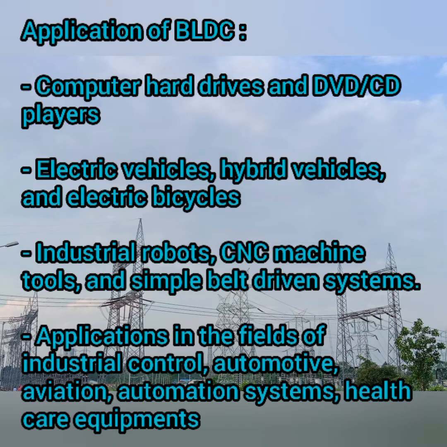Then applications in industrial controls and automotive aviation, then automatic systems like elevators and other automotive systems. Then mainly for healthcare equipment, like the medical equipment used in hospitals. So these are all the main things about your brushless DC motor.